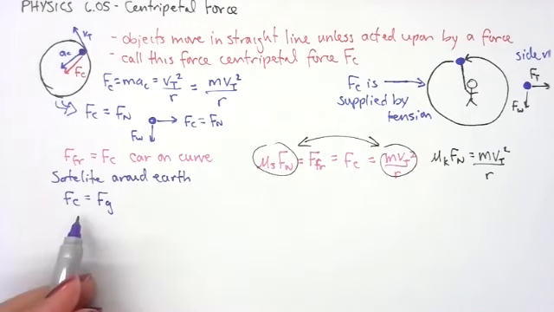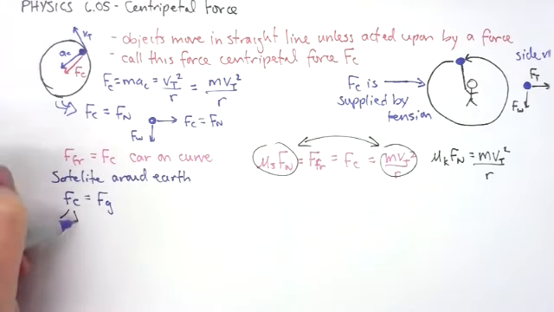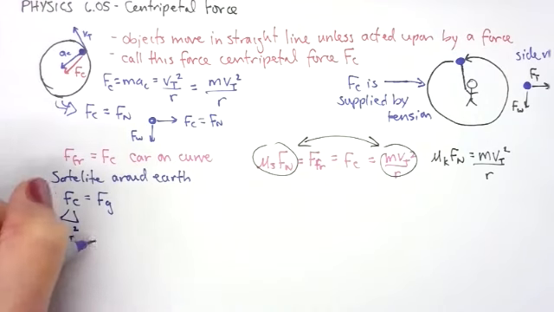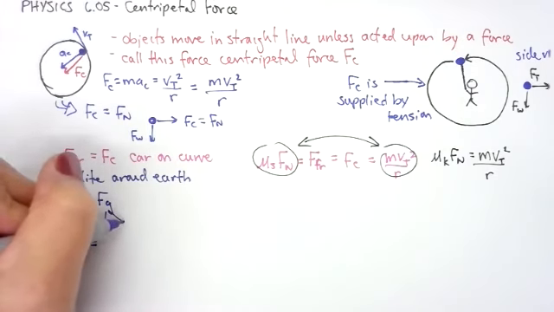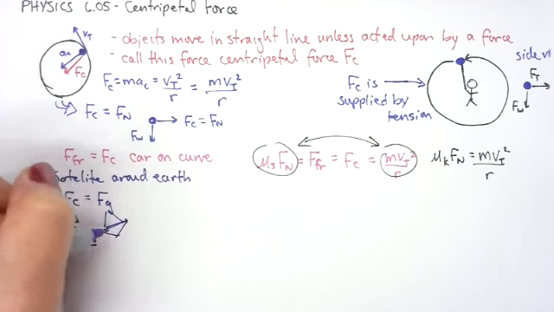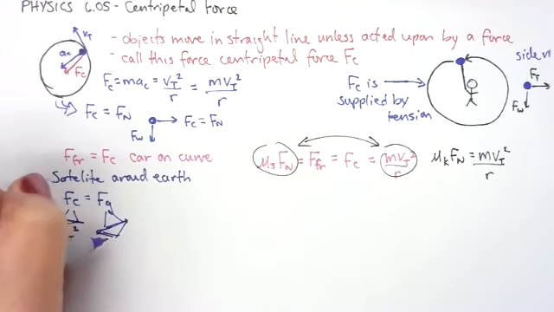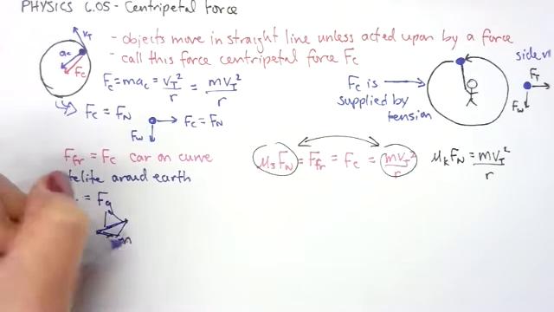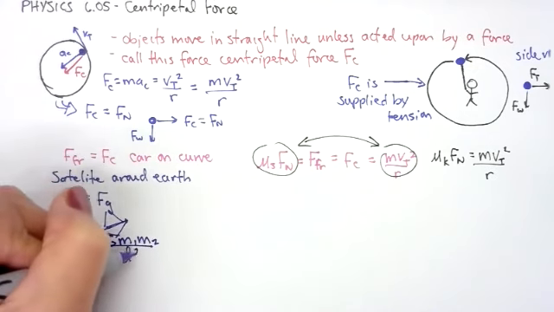So in this case, I have centripetal force is m v_T squared over R. And then on the other side, the force of gravity, let me turn this into an arrow, is Newton's constant, mass 1, mass 2 over distance squared.